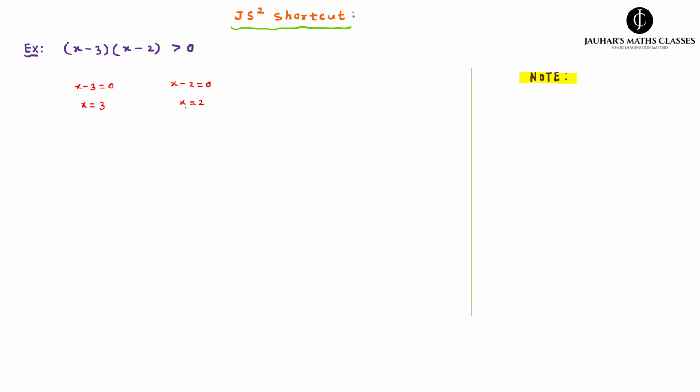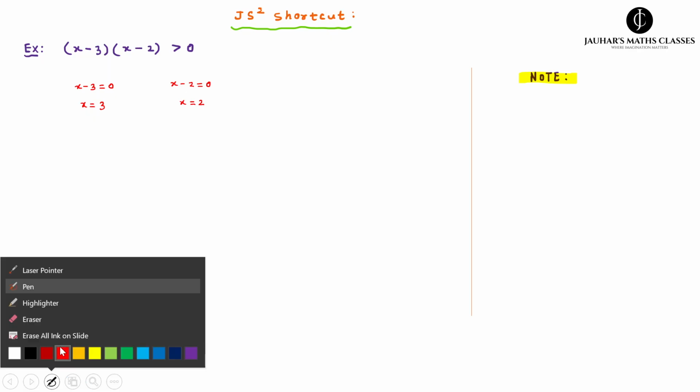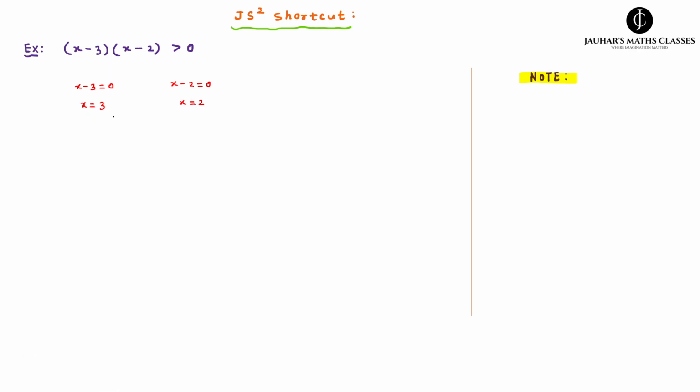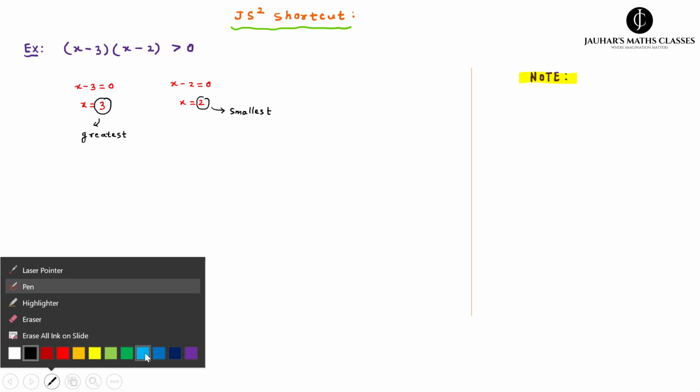Out of these two critical points, you tell me which one is greatest and which one is the smallest. So I can say this is greatest and this is smallest. Now see, my dear, I will have to write the answer for greater than. So you just remember this technique.